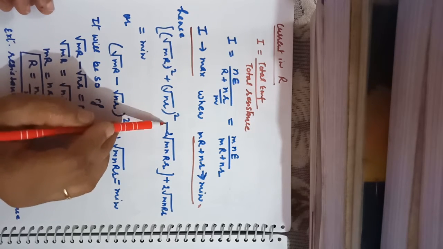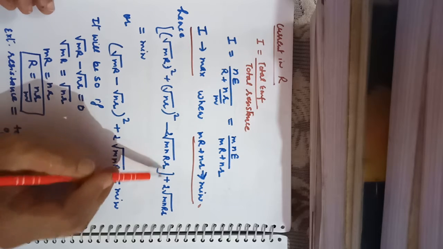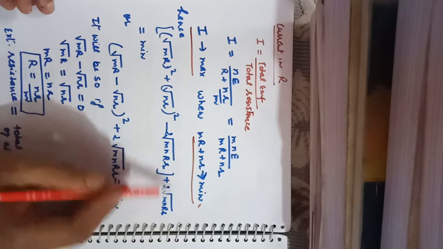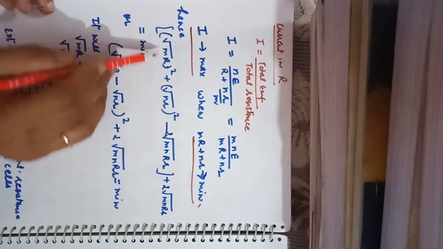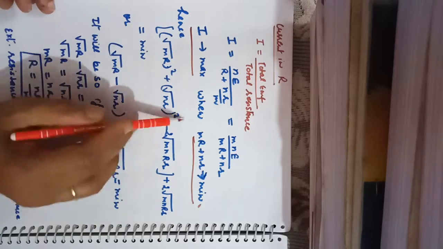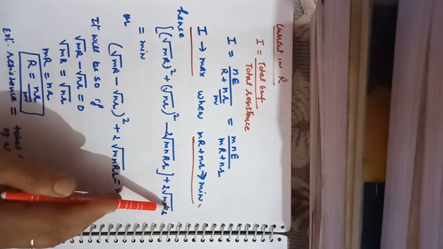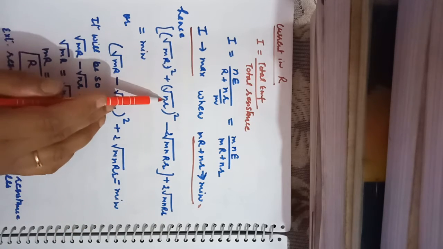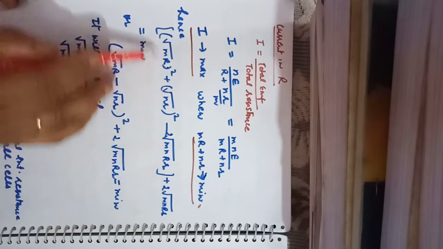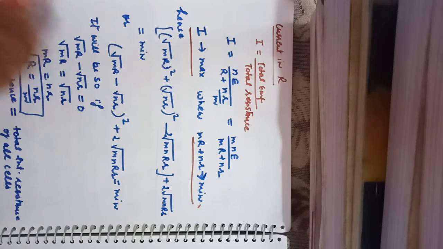And here I have taken minus 2 under root of mnRr and plus 2 under root of mnRr. We added this much and subtracted this much, and then the square of this and the square of this. If you solve it completely, the same expression will come, because this and this will cancel out, and this will be mR and this will be nr. But I have written this expression in this manner.